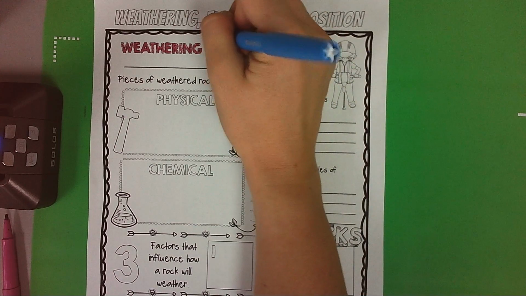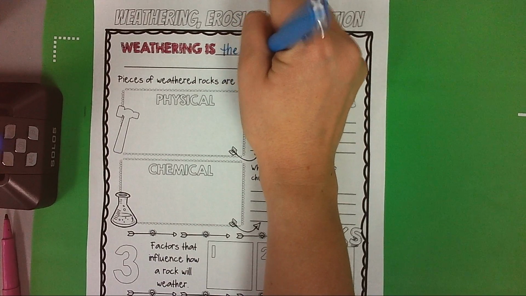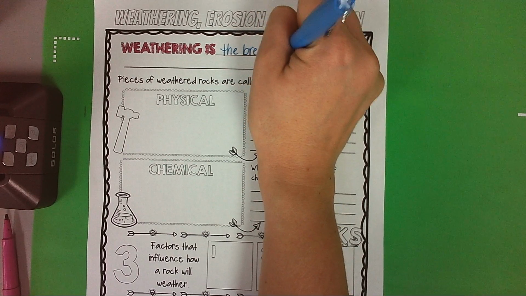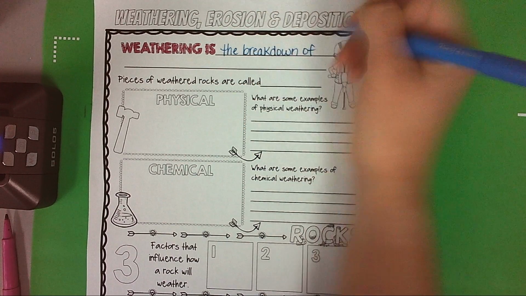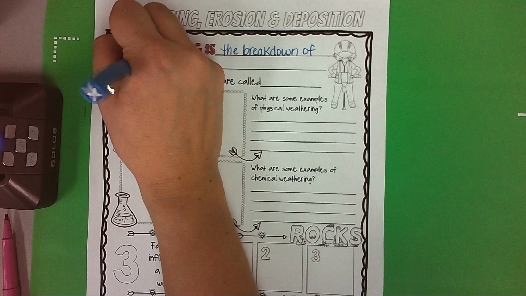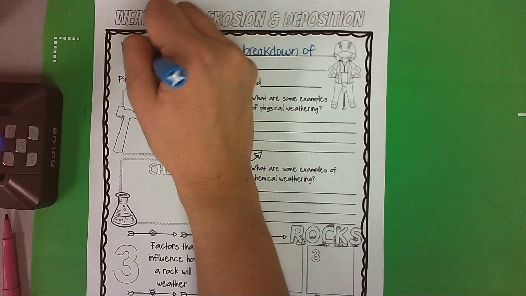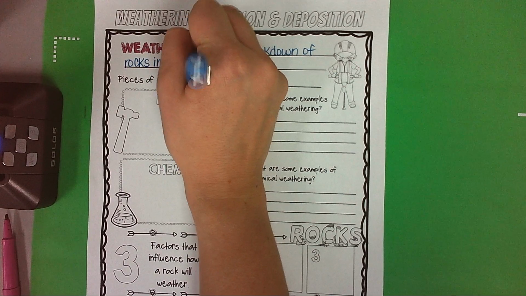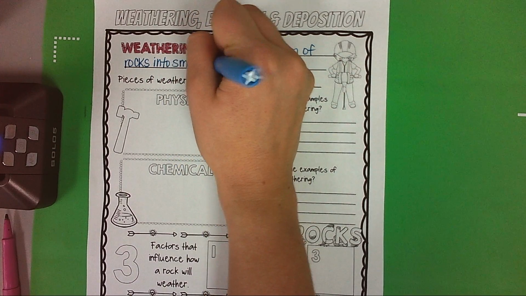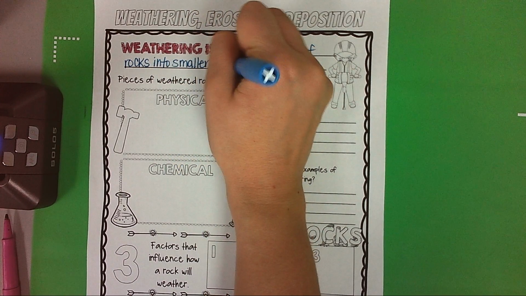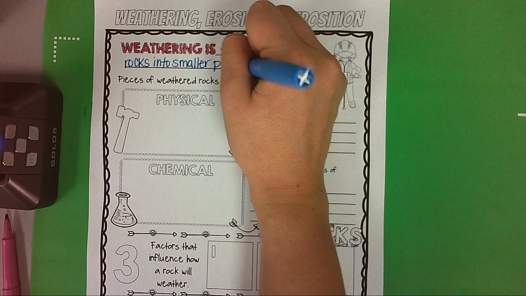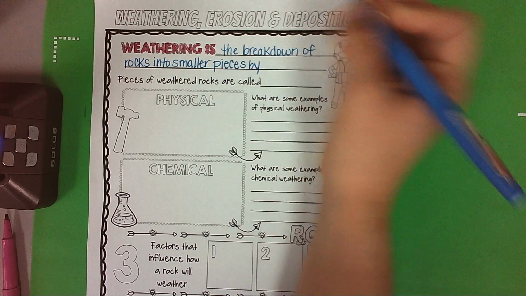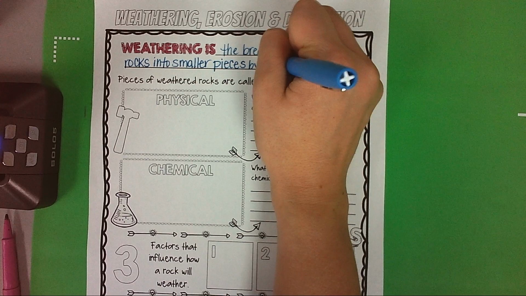Weathering is the breakdown of rocks into smaller pieces by natural causes.